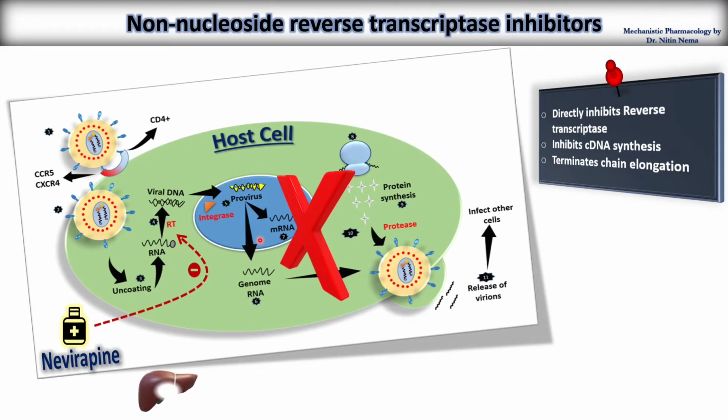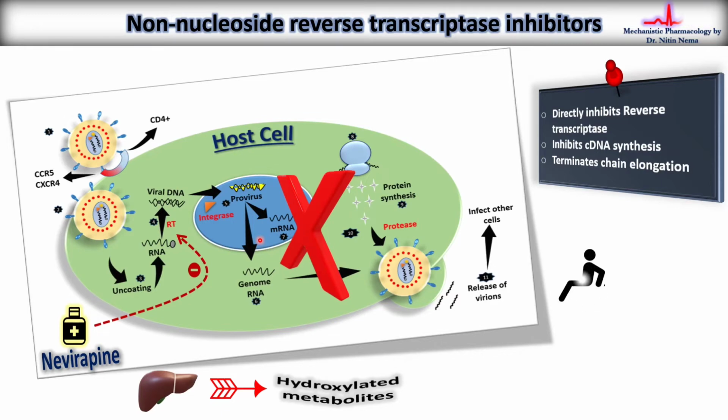It gets metabolized by cytochrome P450 3A4 isoenzyme to several hydroxylated metabolites. A few side effects include skin rashes, which include edema, erythema nodosum or even Stevens-Johnson syndrome.